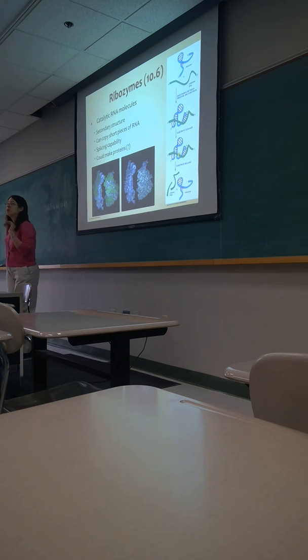So people were super excited when they found these, because what do we already know about RNA from the ATP clicker question? It's a nucleic acid, but what can it do? It can do short-term energy.